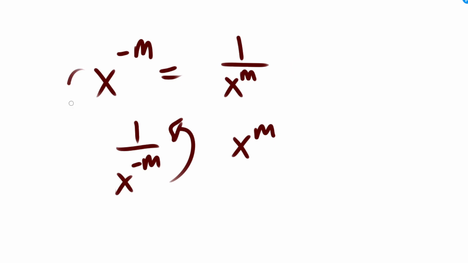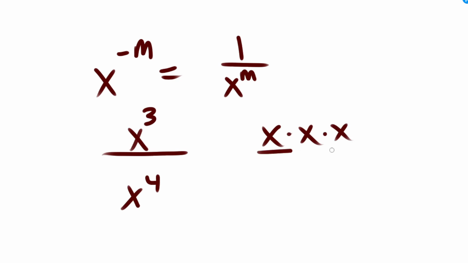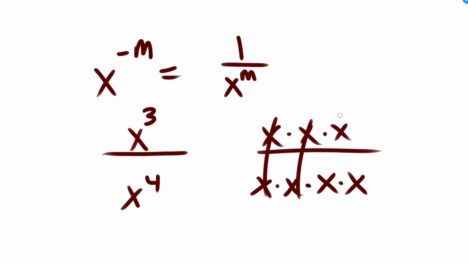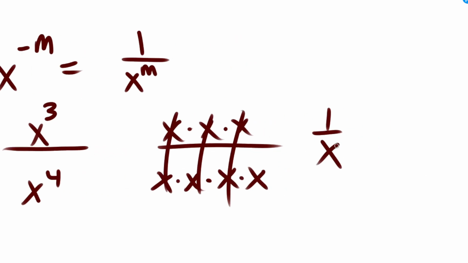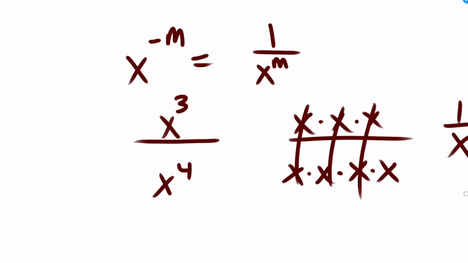The reason we can show this is by doing x to the 3 divided by x to the 4, which is x times x times x divided by x times x times x times x. Cross those out, you get 1 over x, which is the same as x to the 3 minus 4, which is x to the negative 1. So that's why that rule is a thing.